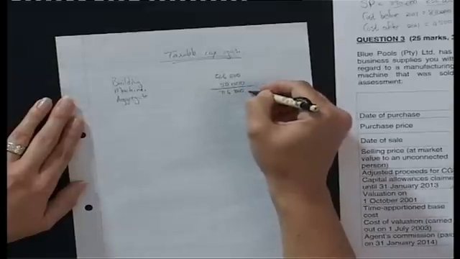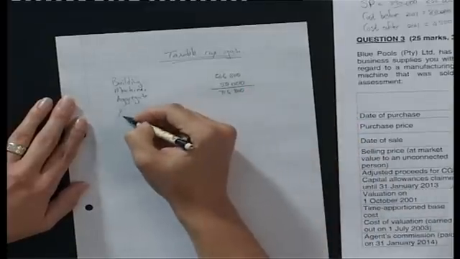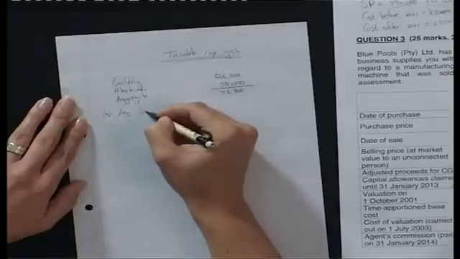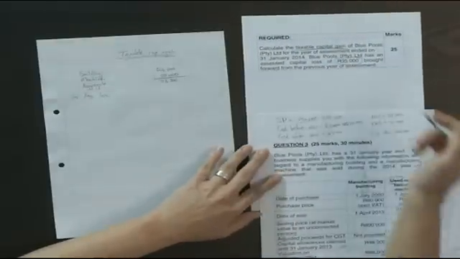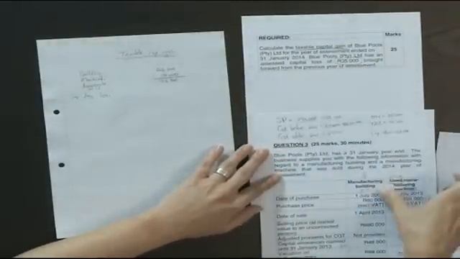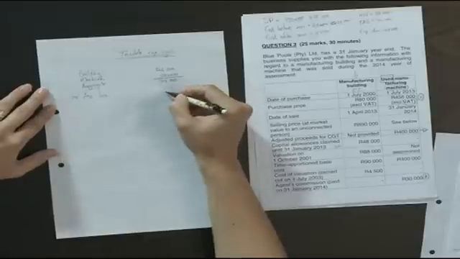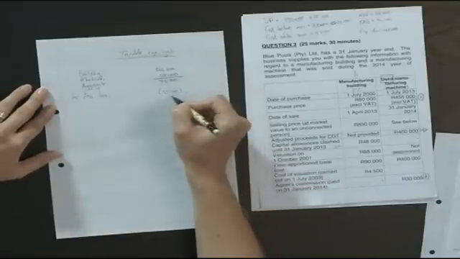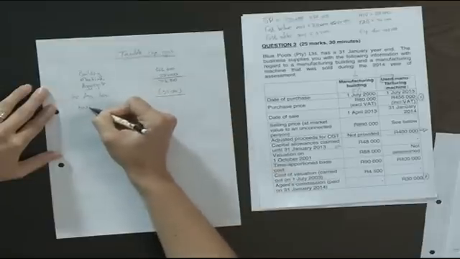From this total, I need to deduct my assessed loss brought forward. There's my assessed loss, and they've given me in the question that it is 35,000. That's the amount that I will deduct there. And this gives me my net capital gain.